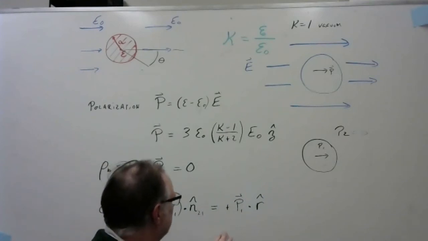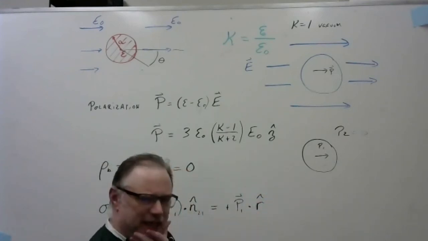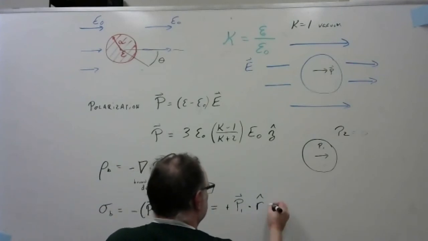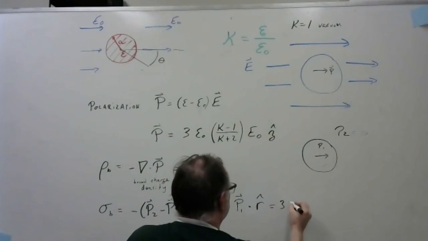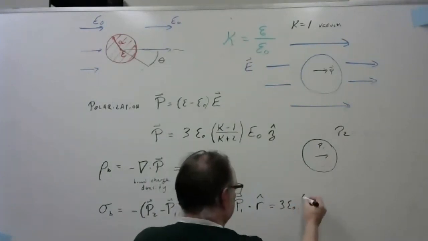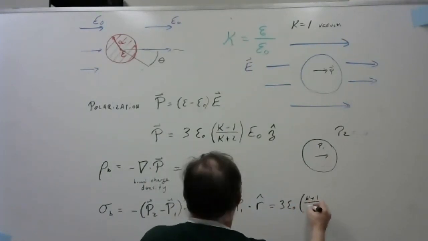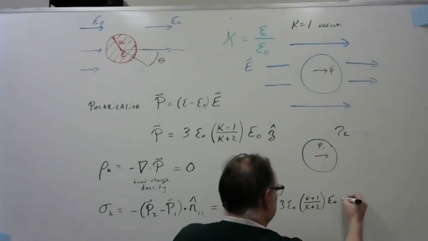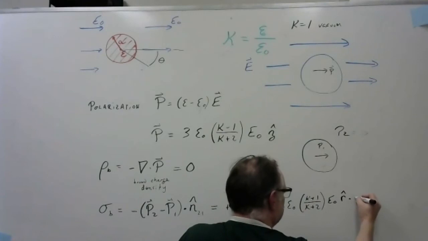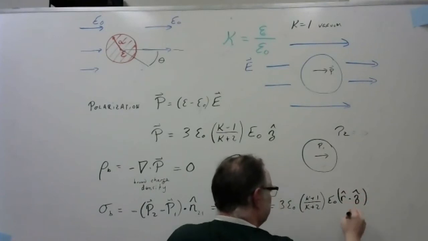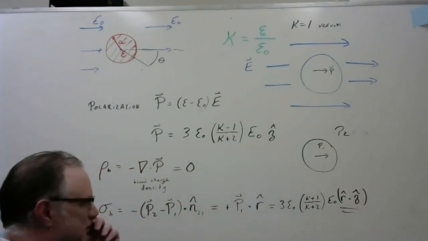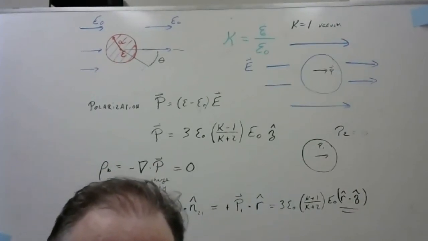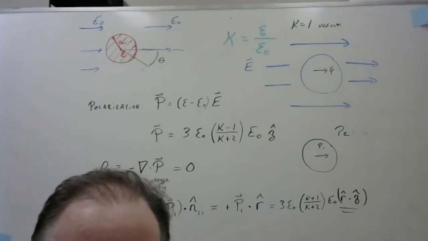And so when I put the Z hat dot R hat, what do I get? What is that? That's a Z, by the way.